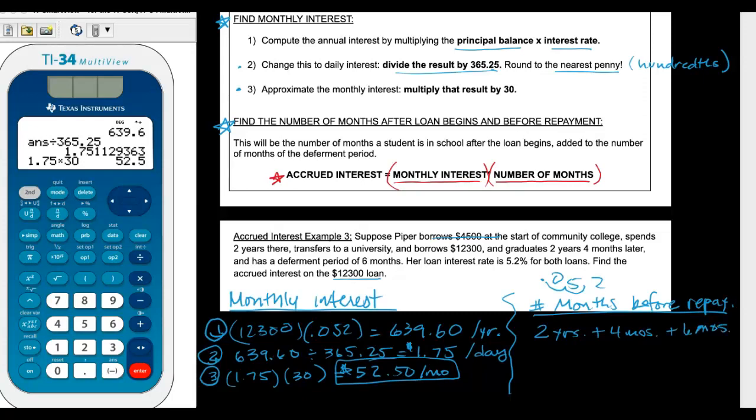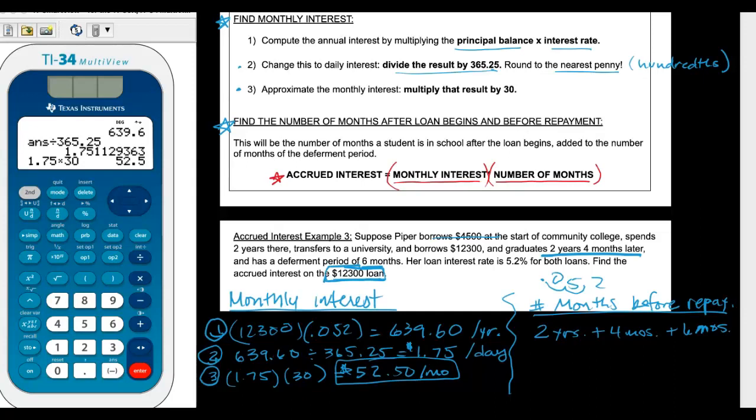They're almost reading comprehension problems as much as math problems, because you do have information in the beginning about this other loan amount and being at school 2 years after that loan amount. So you've got to be really careful. And again, I'm only taking the 2 years, 4 months later part because that refers to the $12,300 loan, and that's specifically what's being asked.